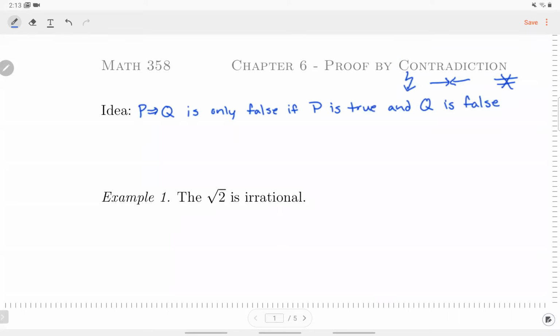So proof by contradiction says, I'm going to consider that case and show that it's impossible. I want to show this situation is impossible.